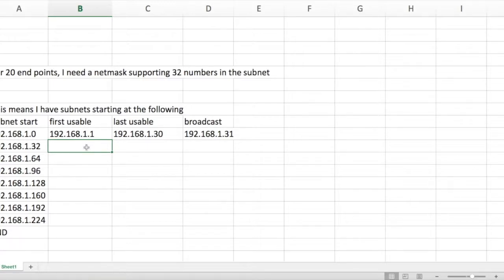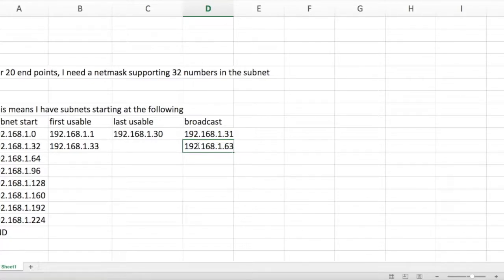Let's do another couple. For the second subnet, my first usable address is 192.168.1. What do we go for? It can't be 32 because that's the subnetwork number, so it has to be 33. Okay, let's follow the same practice. I'll put in the broadcast address 192.168.1.63.